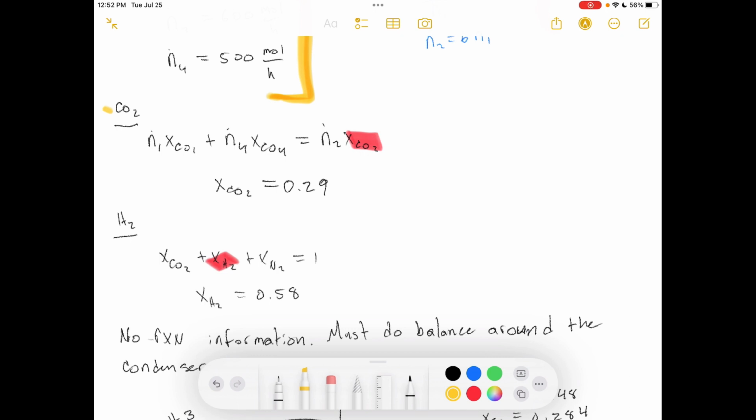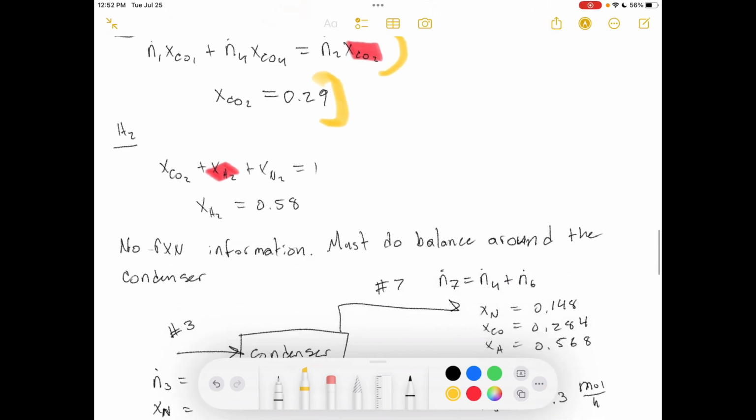It's not carbon dioxide, excuse me. Carbon monoxide. And we solve for the only one unknown there. Perfect. And then we have H2, and we solve for the only one unknown there using our process spec that the mole fractions sum to 1.